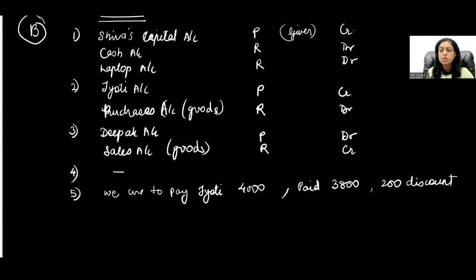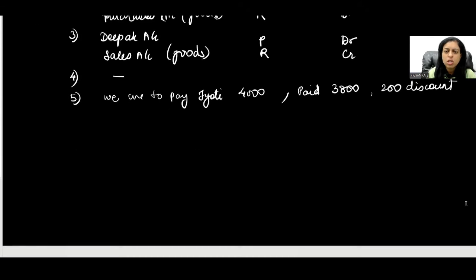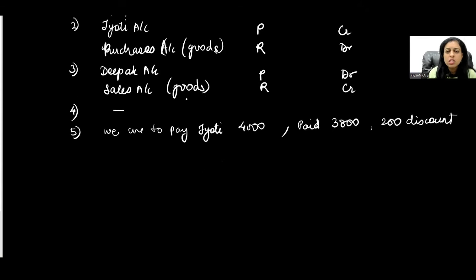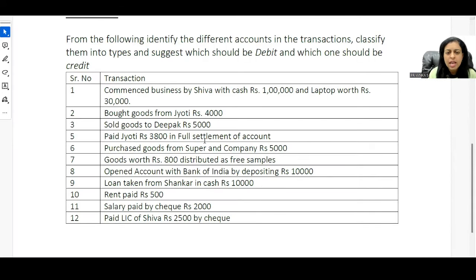Why are we not treating it as a loss? Because sometimes business agrees upon to actually take some benefits, right? So basically, Jyoti is giving us the benefit of this 200 because we are using the words here, full settlement of account. She has allowed us to pay only 3,800.